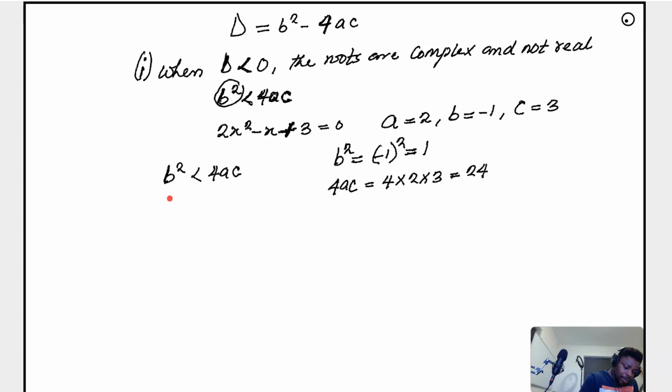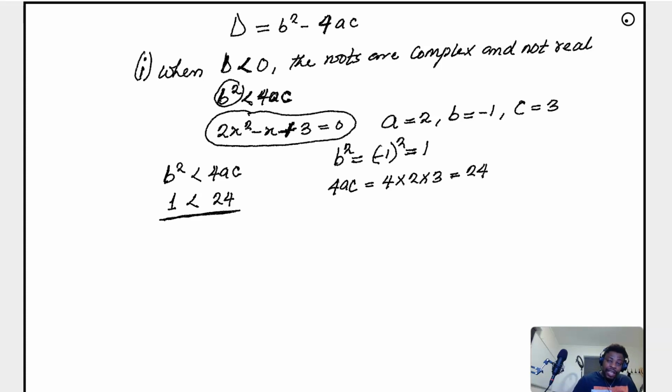Our b squared is 1 and our 4ac is 24. You can see 1 is less than 24. So it simply means that if you solve this equation, the roots you are going to get will be complex and not real.